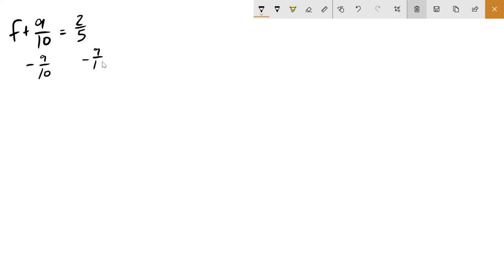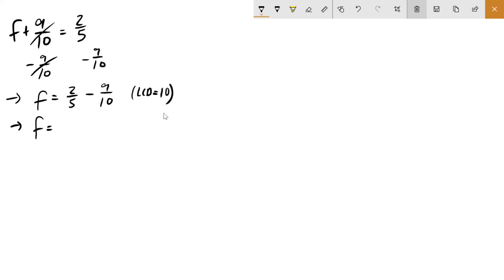We just also have to take away 9/10 from that side. So it's addition here, so we'll use subtraction to get rid of it. So then on the left-hand side, you'll just have f. On the right-hand side, we have 2/5 minus 9/10. And then that's not a common denominator, though. This is a subtraction. We need it. So what do we need to do with 2/5? We need to bring it up to, what's our LCD here?